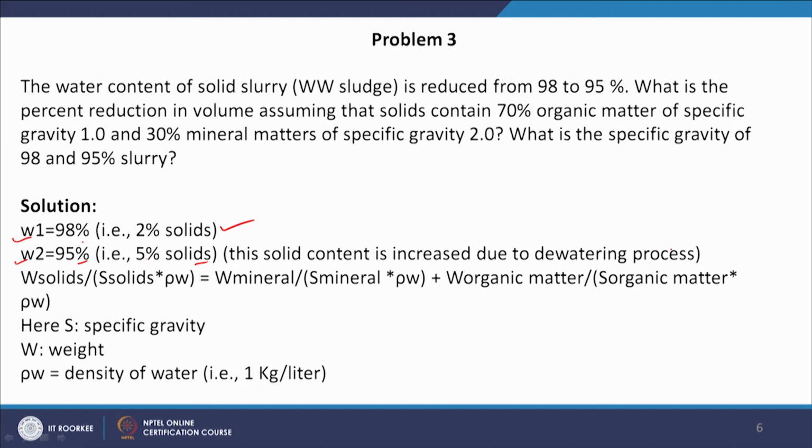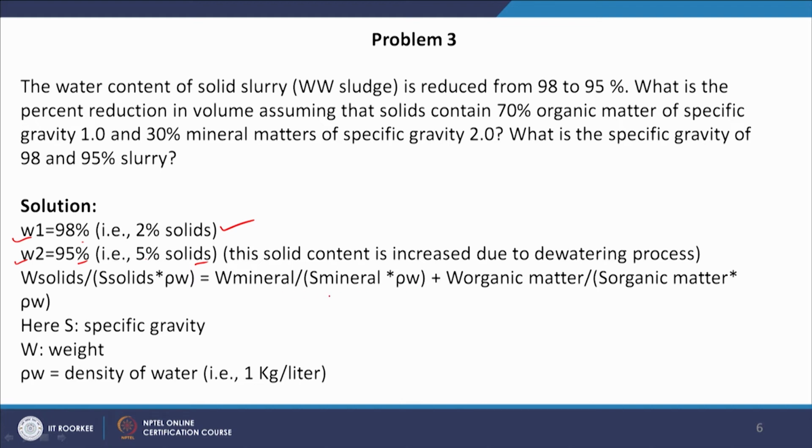Now, if we consider W solids by S solids into rho W, then that will be the volume of the solids basically. So, that is equal to two types of solids we have, that is mineral matter solid, W mineral divided by specific gravity of mineral into density of water.